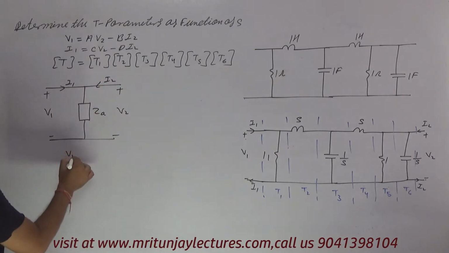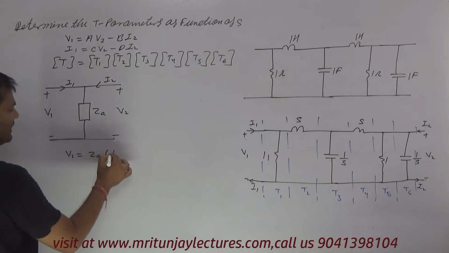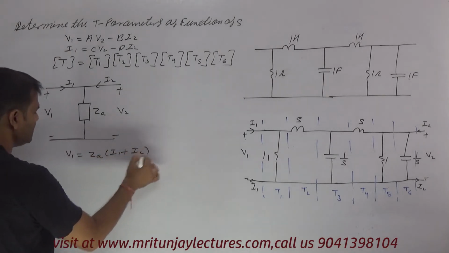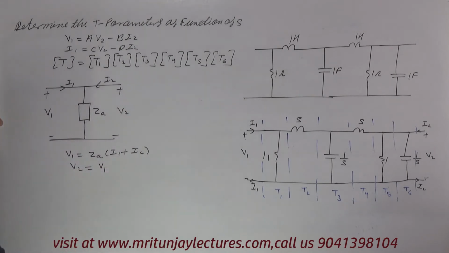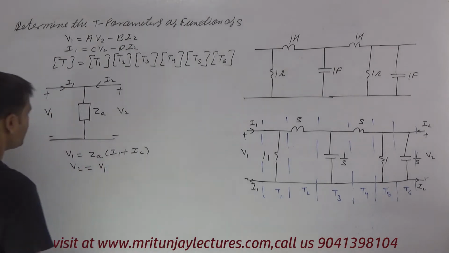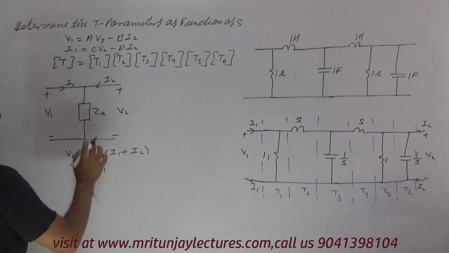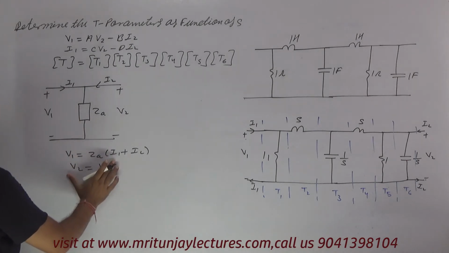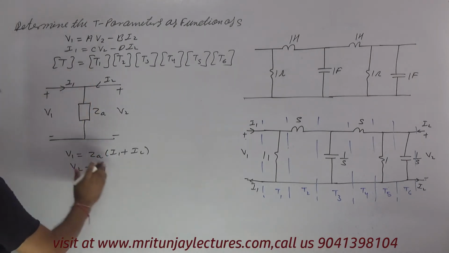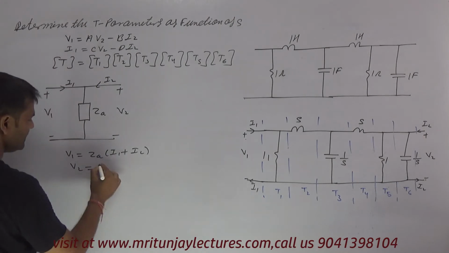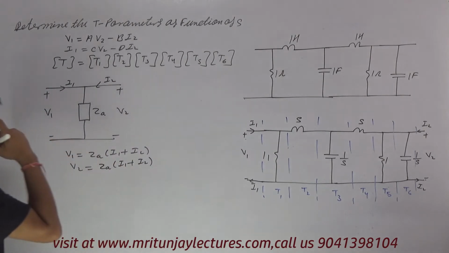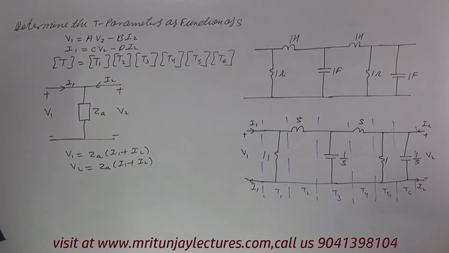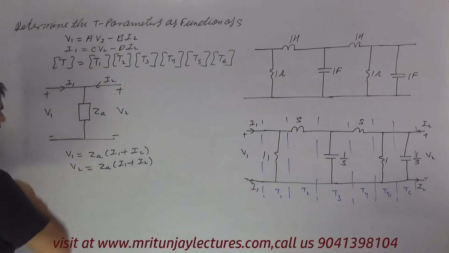If you write ZA into I1 plus I2, and V2 is also the same thing. Now our motto: first of all, these are written corresponding to this one. Or you can say ZA into I1 plus I2 also. Now how can it be written in terms of this one?